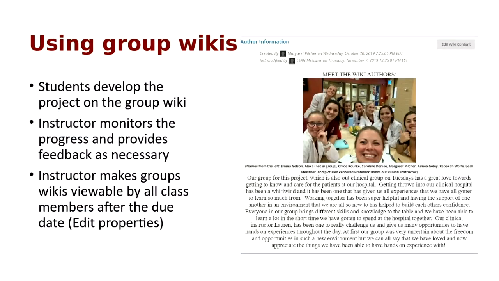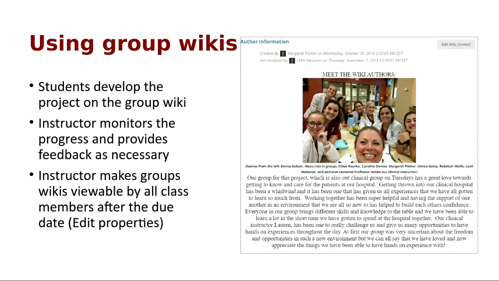So if the deliverable from your project is a presentation on the wiki, then students are using that group wiki to add content to it and actually build the project.